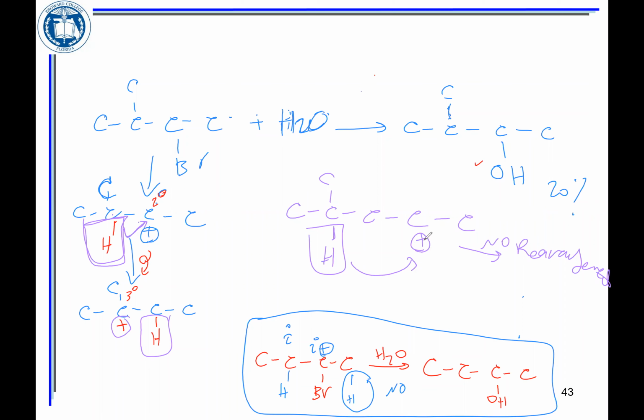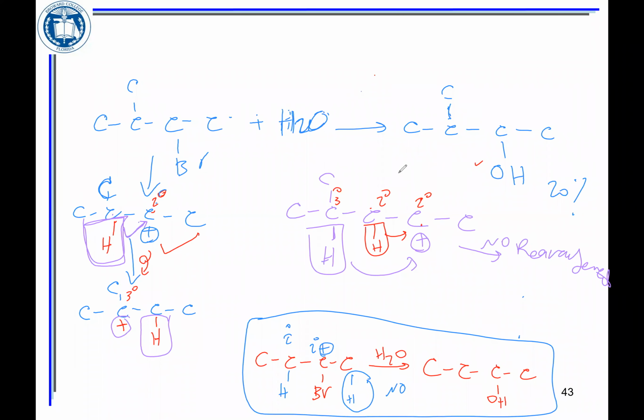You might say, well, there is a hydride on the adjacent carbon. But if it goes from secondary, this is the tertiary, then you end up moving from secondary to secondary. You have to spend some energy, and if you spend some energy, it has to pay back. The payback is, in this case, going from secondary to tertiary.